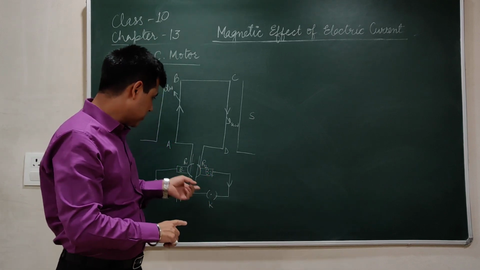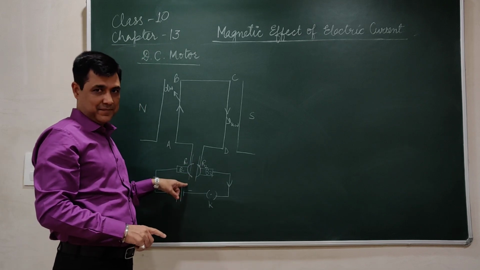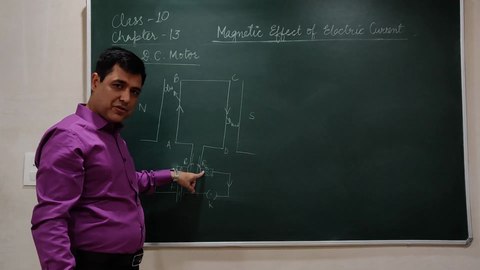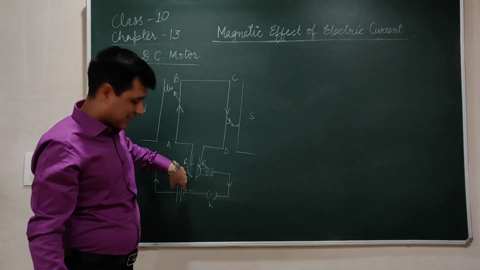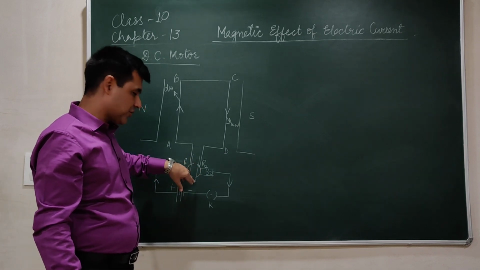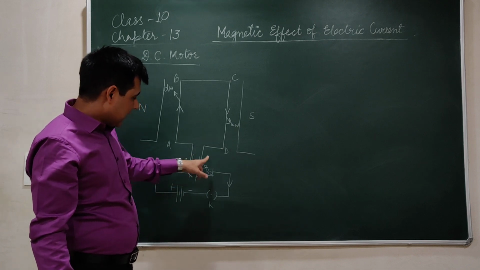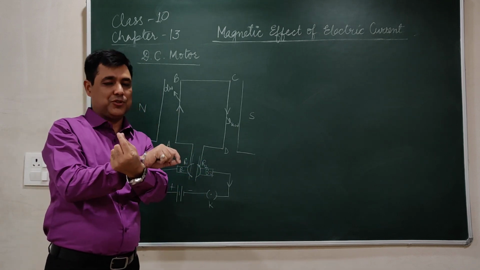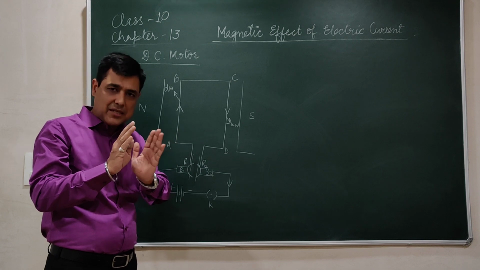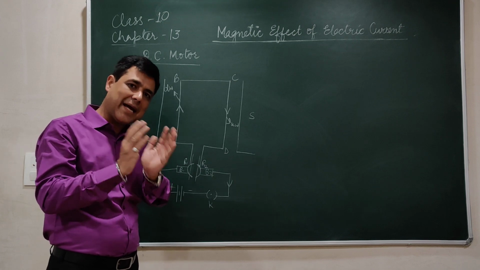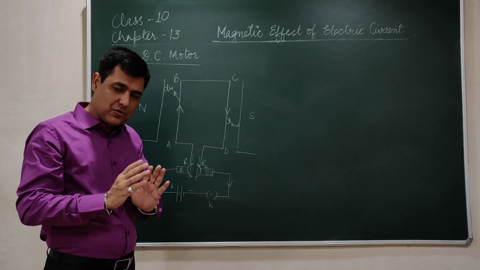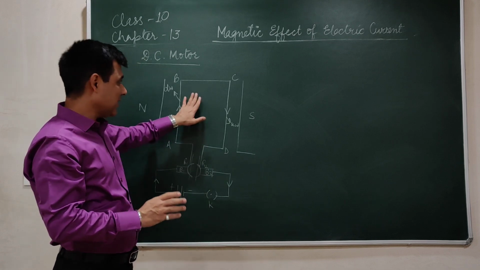Due to inertia of motion, this coil keeps on rotating, and as soon as this portion comes in front of it, it passes it. And due to inertia of motion, because the coil keeps on rotating, R1 and R2 interchange their position. So it does not stop the coil from rotating at all, it keeps on rotating.